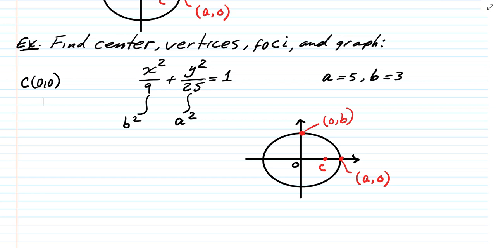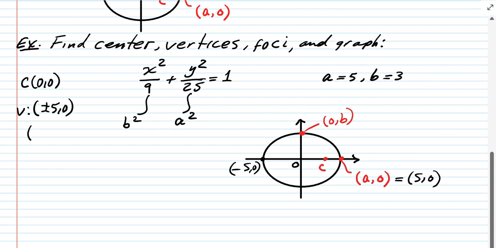The vertices would be the endpoints of the major axis. So in this case, a is 5. So that's going to be 5, 0. The other one is at negative 5, 0. So my vertices are at, now I would write it myself as plus or minus 5 comma 0, so I only have to write it once. Or you can write it as two distinct points, negative 5, 0 and 5, 0. Okay, so I have that.